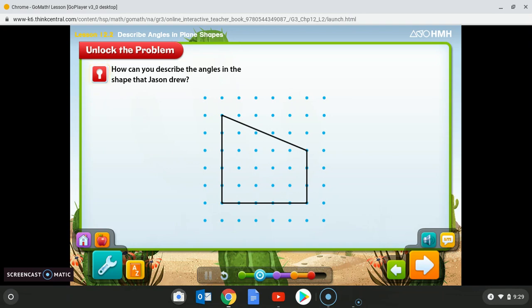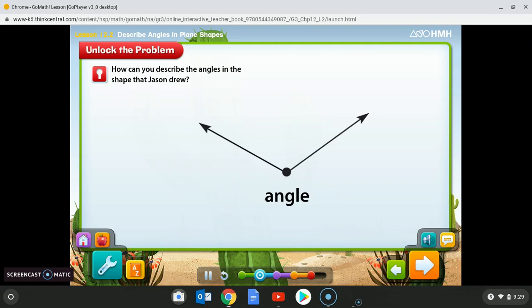So today we're going to be talking about angles. I want to describe what an angle is using some terms that we've talked about. Sometimes we can see an angle like this. This is showing two of those things that we talked about yesterday. We have a point right here, and then off the point, we have these lines.